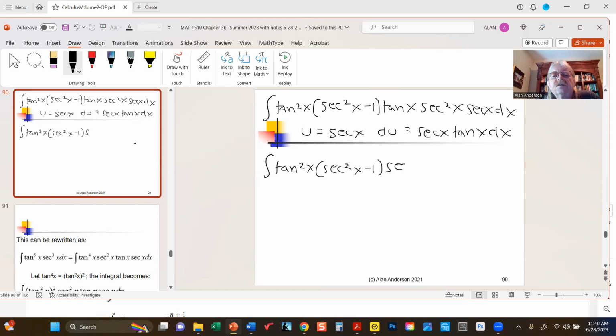And so we do have our du. Now, unfortunately, we still have this tangent squared here. We need basically to get rid of everything here that is not a secant. What we can do is go back to our Pythagorean identity.